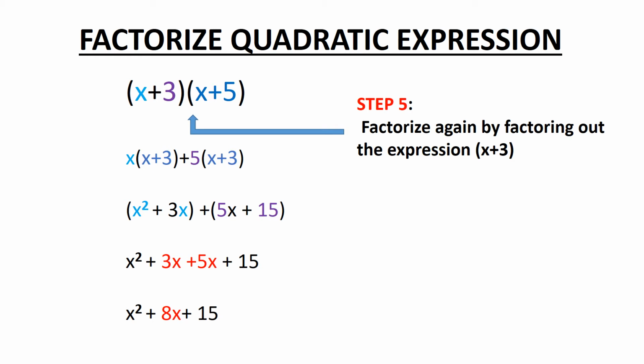Then I go ahead and divide 5 times x plus 3 by x plus 3. When I divide 5 times x plus 3 by x plus 3, my result is 5. So when I factorize x times x plus 3 plus 5 times x plus 3, my result is x plus 3 times x plus 5.